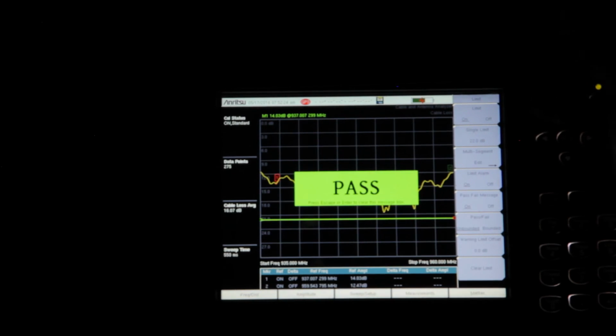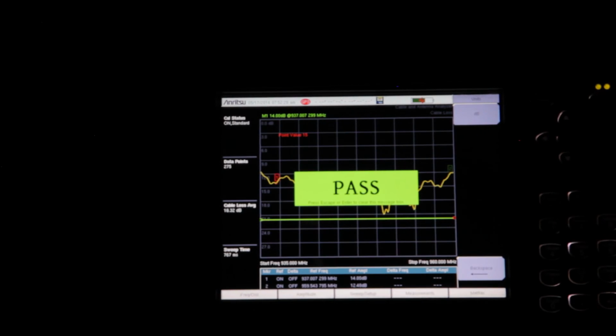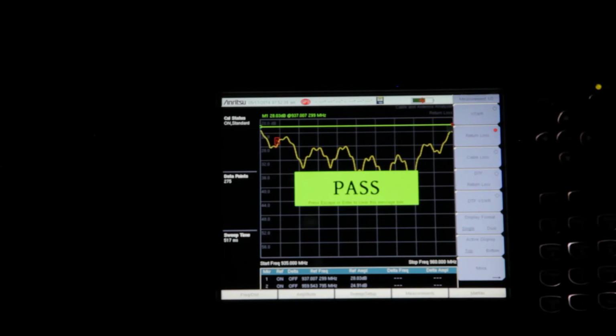We can test the antenna system either in voltage standing wave ratio mode or in return loss. Can you show me the limit line?